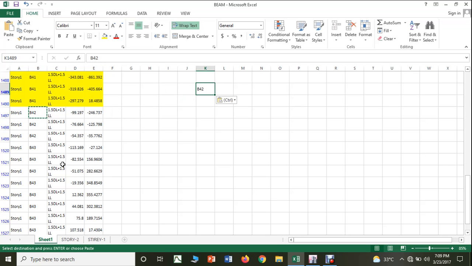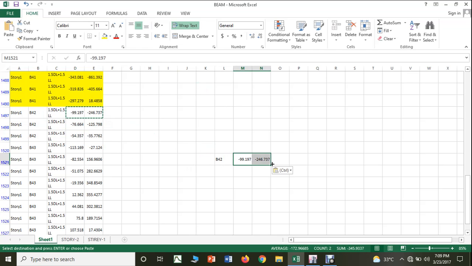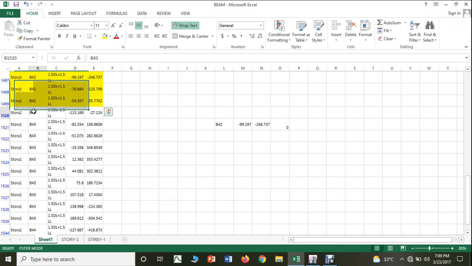So next you have is 42. Out of this 42, this is the highest value and positive moment is 0. 42. 43 beam number.